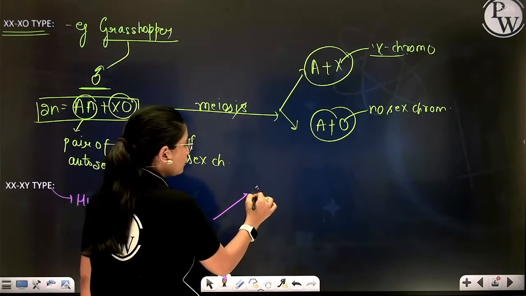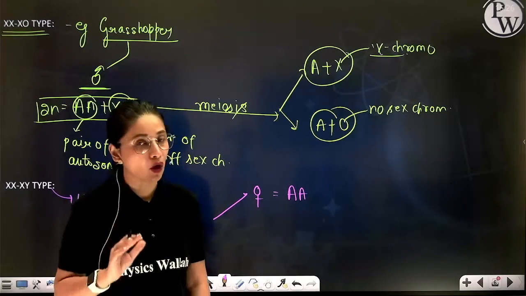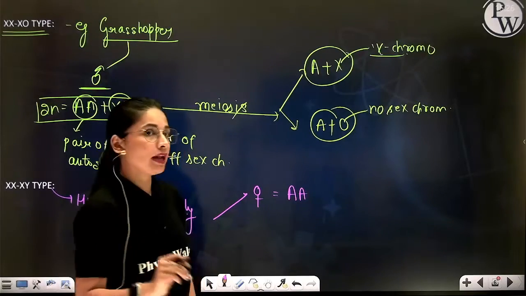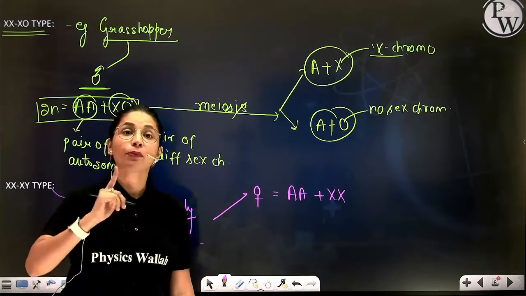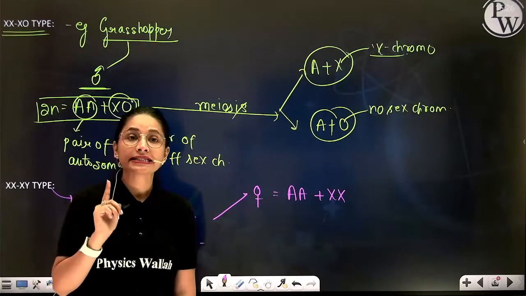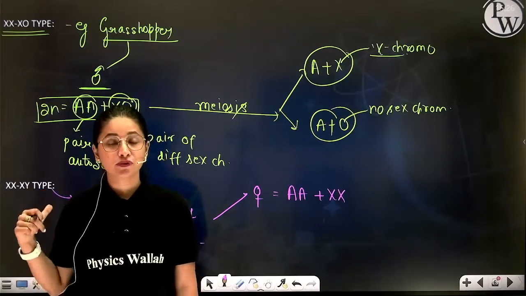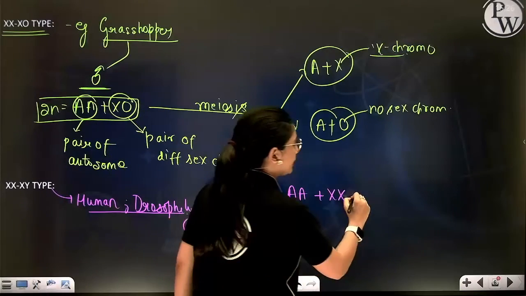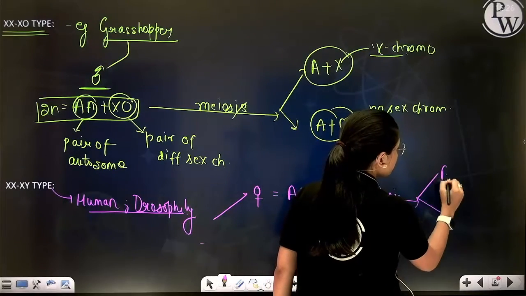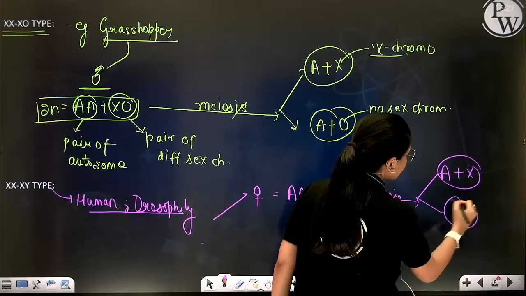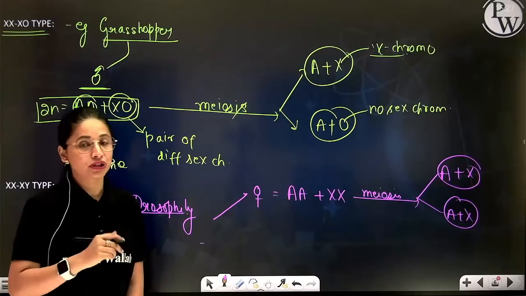That means the diploid cell of a female has a pair of autosomes, along with a pair of sex chromosomes where both sex chromosomes are the same. If such a cell undergoes reduction division, every time it produces the same type of gamete, having the same type of autosome and sex chromosome, which is X.